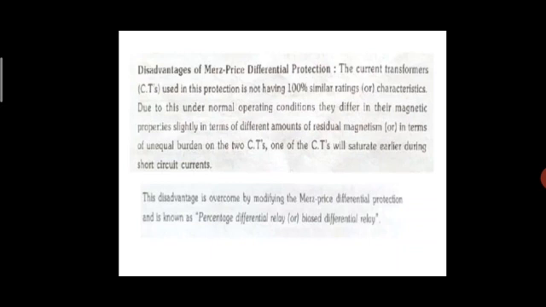One of the CTs will saturate earlier during short circuit currents. This disadvantage is overcome by modifying the Merz-Price differential protection, known as percentage differential relay or biased differential relay.